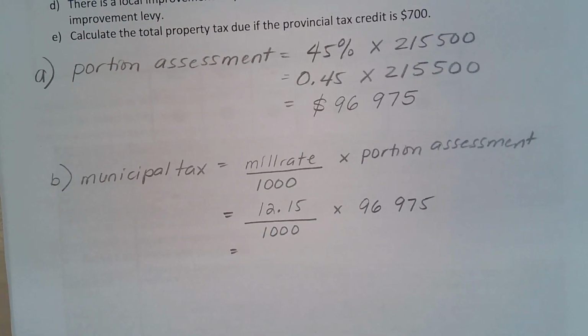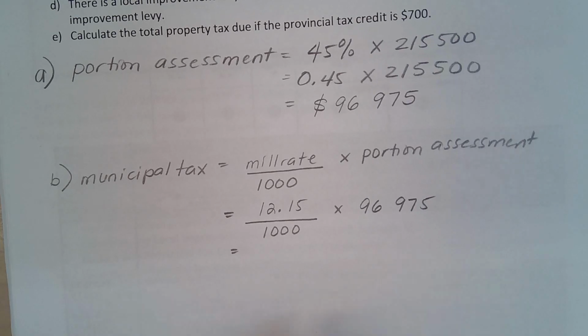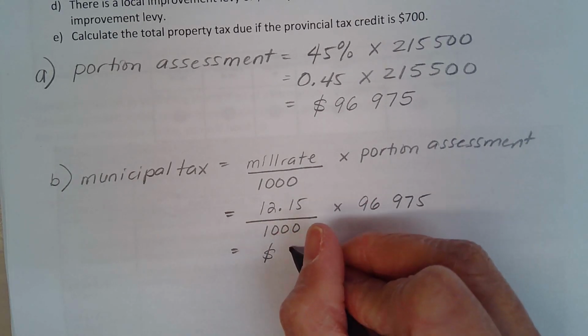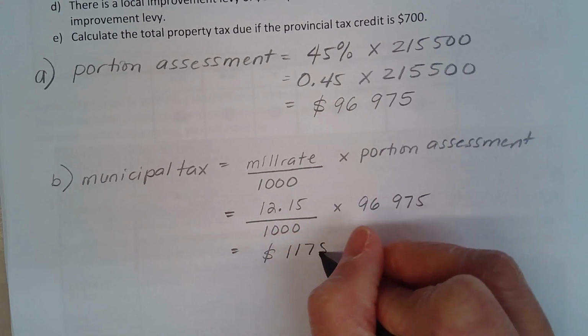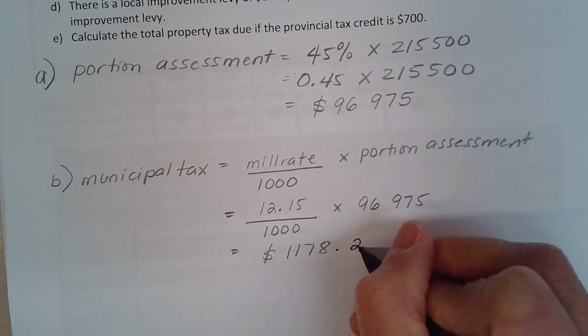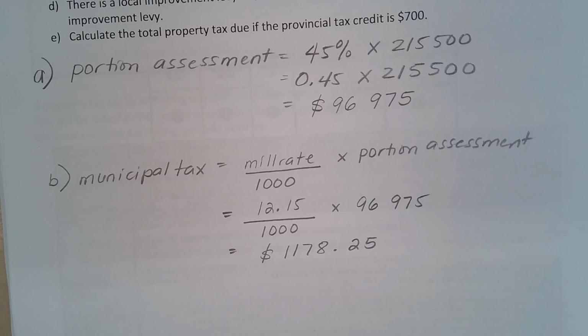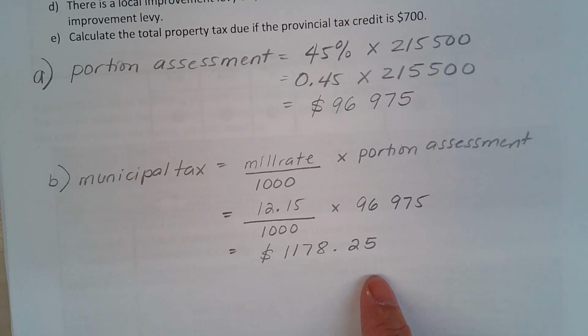So why don't you go ahead and figure this out? $1,178.25. Is everybody okay with that one? So that's the municipal tax.